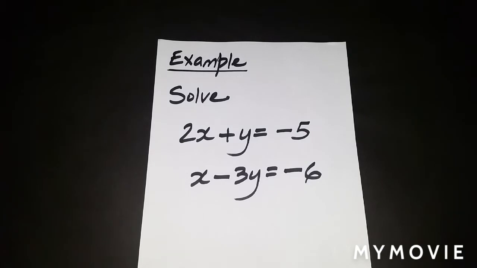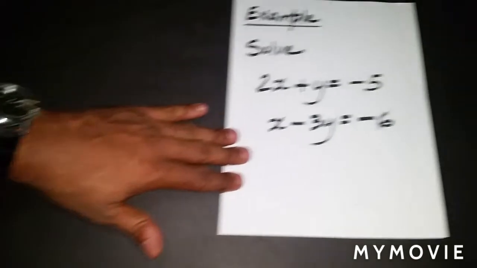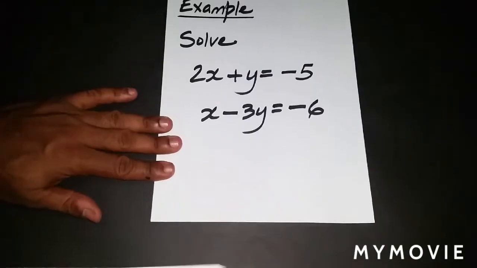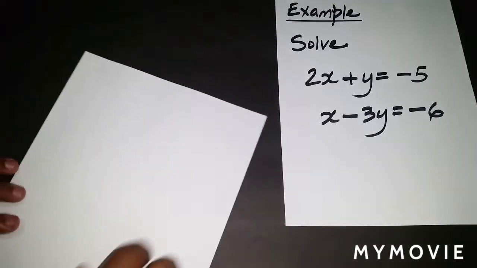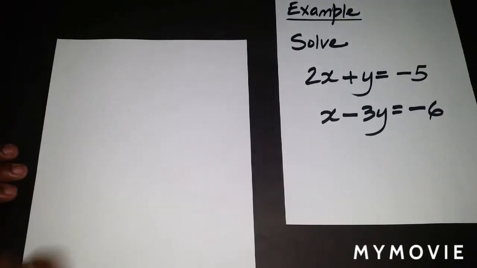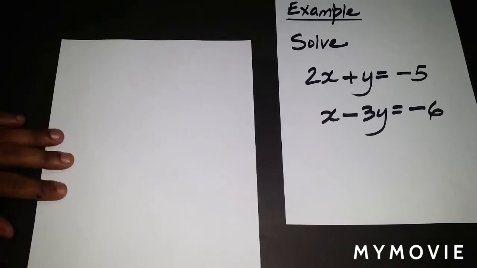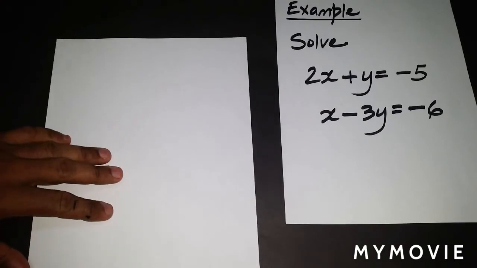Now, let's get into the business of solving these linear equations using matrices method. The first thing we want to do is generate a 2x2 matrix from this information. So, what are we going to ensure is there before we actually generate this 2x2 matrix?